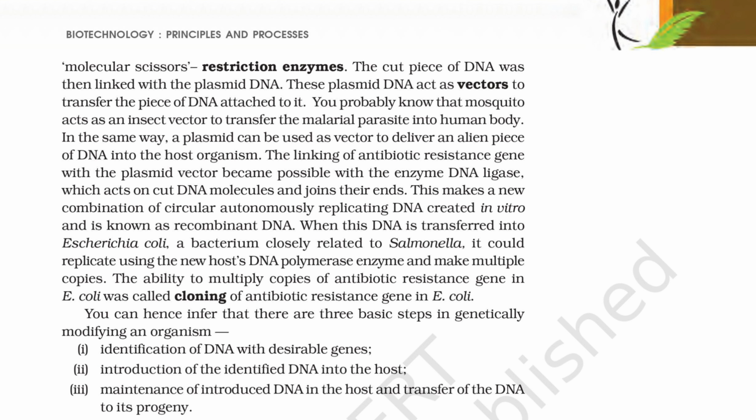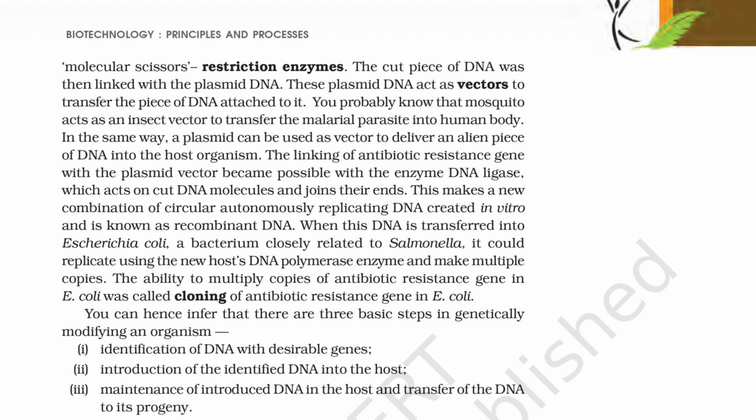The cut piece of DNA was then linked with the plasmid DNA. These plasmid DNA act as vectors to transfer the piece of DNA attached to it. You probably know that a mosquito acts as an insect vector to transfer the malarial parasite into the human body. In the same way, a plasmid can be used as a vector to deliver an alien piece of DNA into the host organism.